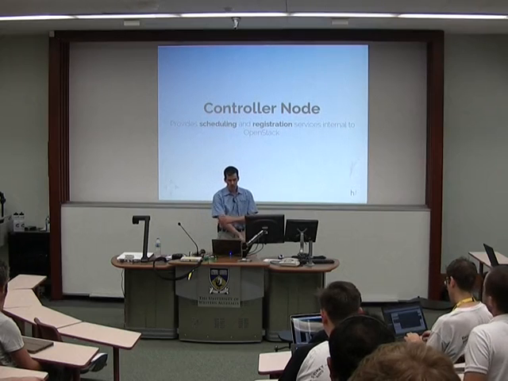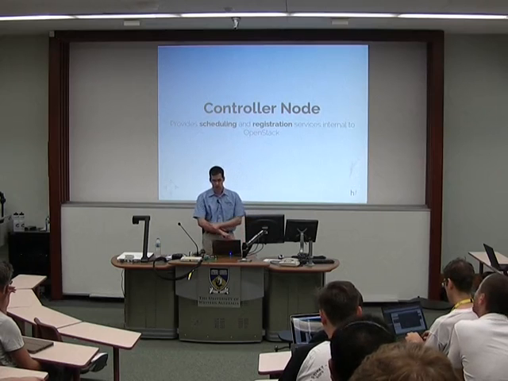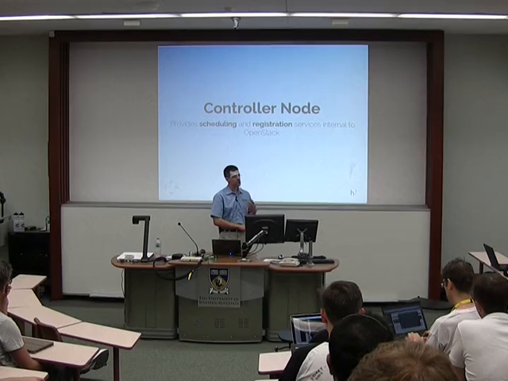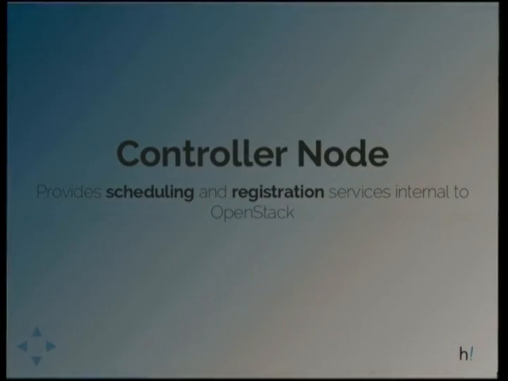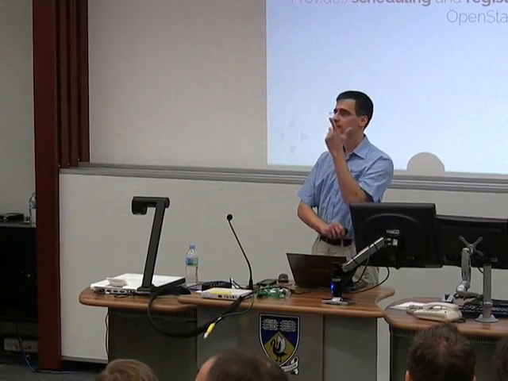Then we have the controller node. A controller node basically provides scheduling and registration services internal to OpenStack. Now, why is this distinct from the API node? Any ideas? Why would we put that on two different hosts? Exactly.